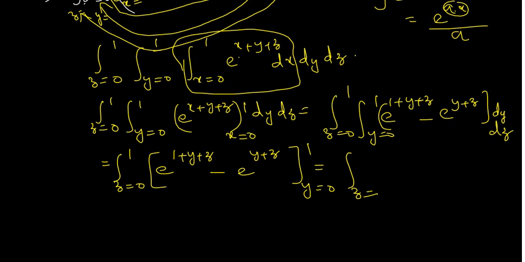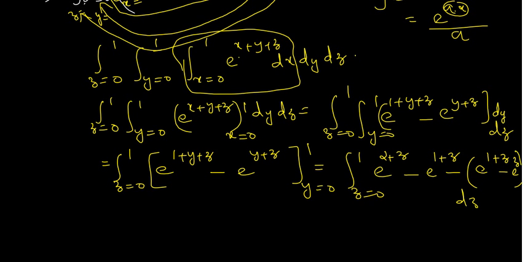If y is 1, e raised to 1 plus 1 plus z, that is e raised to 2 plus z, minus e raised to 1 plus z, minus, for the lower limit, if y is 0, e raised to 1 plus z, minus, if y is 0, e raised to z.